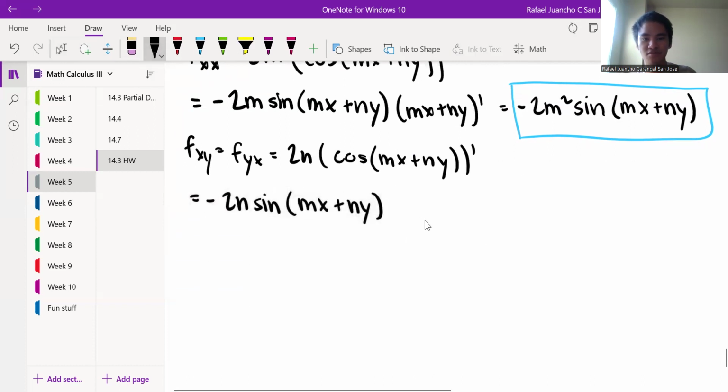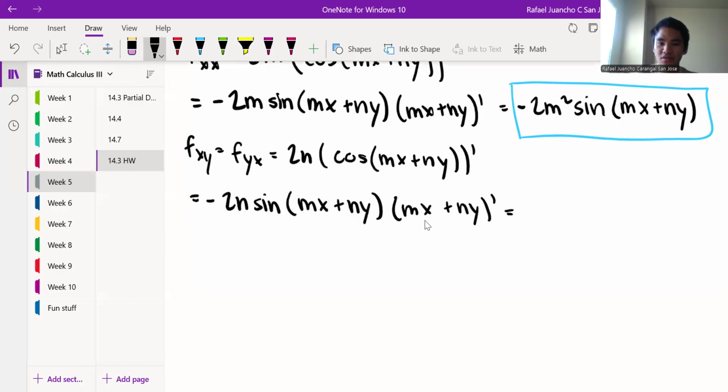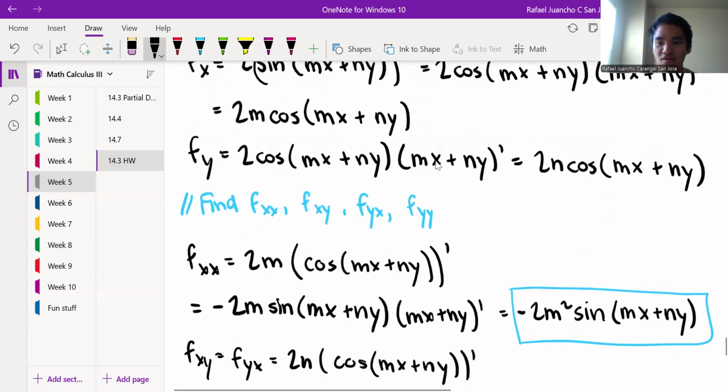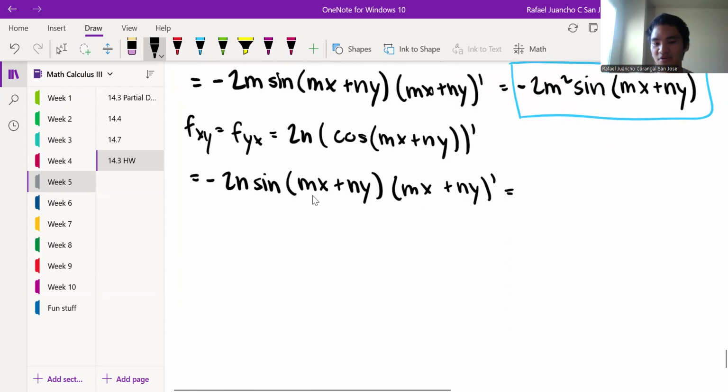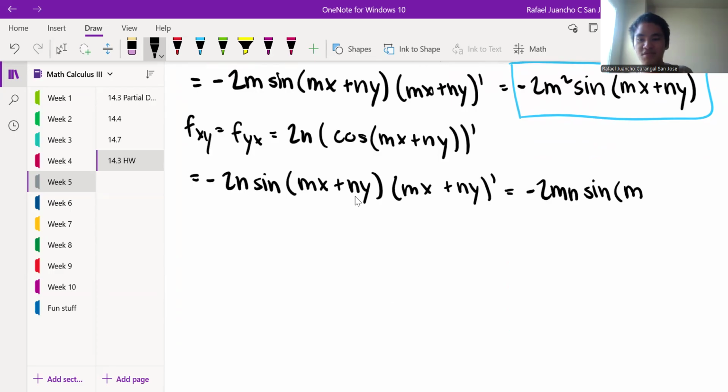Oh, I forgot chain rule. So again, this is my f sub y, and now I'm doing it with respect to x. So I make x my variable, I make y a number. So I'm left with negative 2mn sine of whatever was inside.